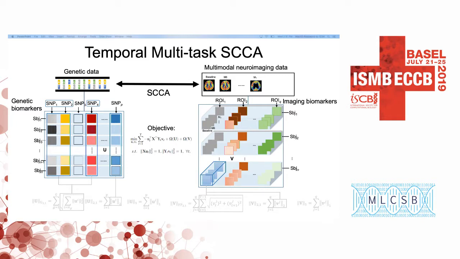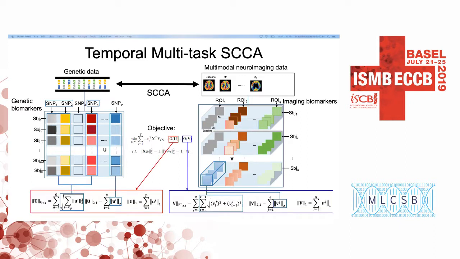So we have a cube data set to hold the imaging biomarkers longitudinally. We combine this imaging data and the genetic data together using the multitask learning framework. In addition, we also use some sparse learning techniques.